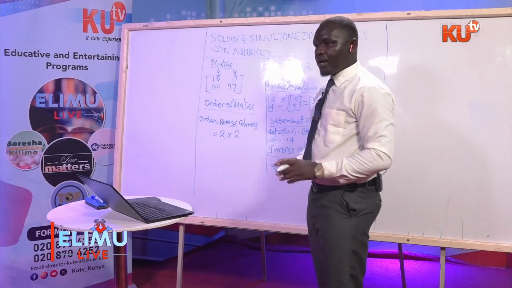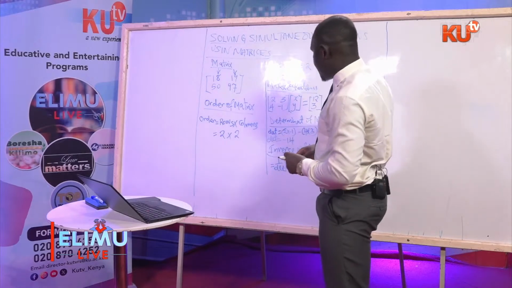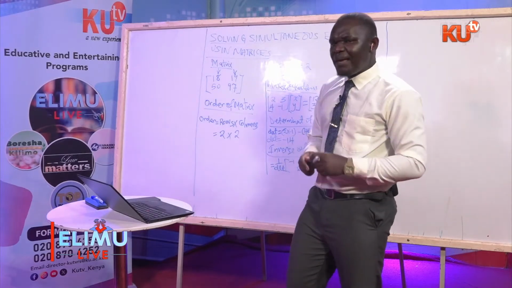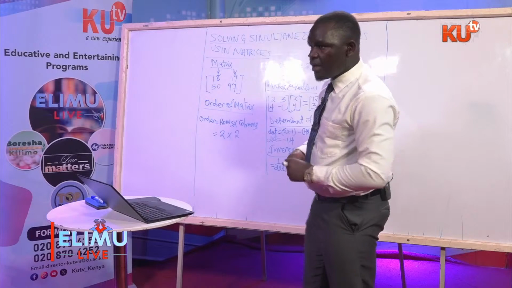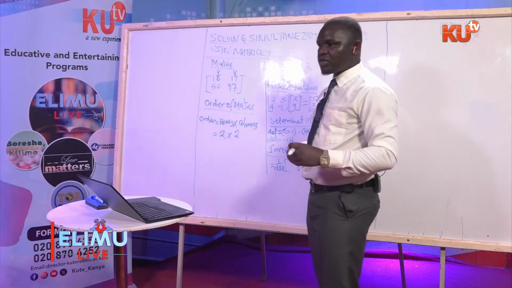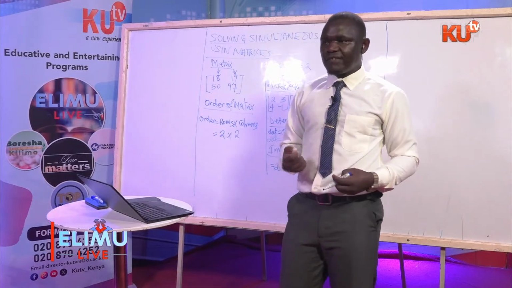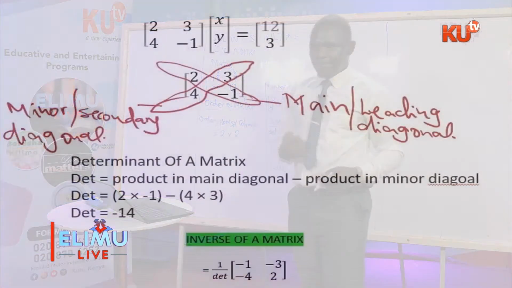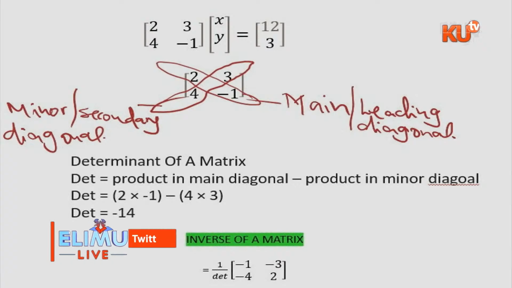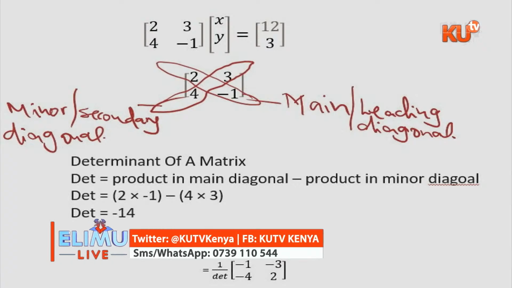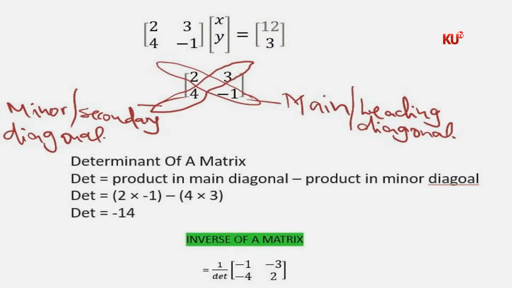-1 goes on top, 2 comes at the bottom. That is step number 1. The values in the main diagonal interchange the position. Then the elements in the minor diagonal negate. We negate those elements or we change their signs. If the element in the minor diagonal was negative, it becomes positive, and vice versa. So if you look at it, you realize it is now -4, -3.